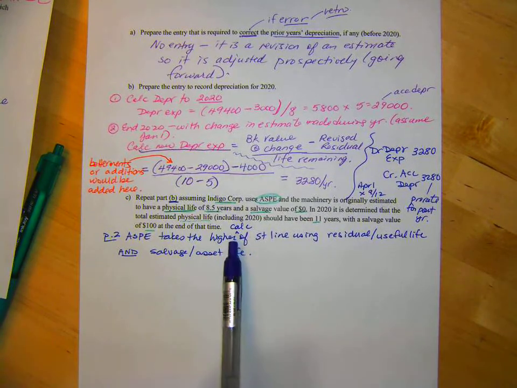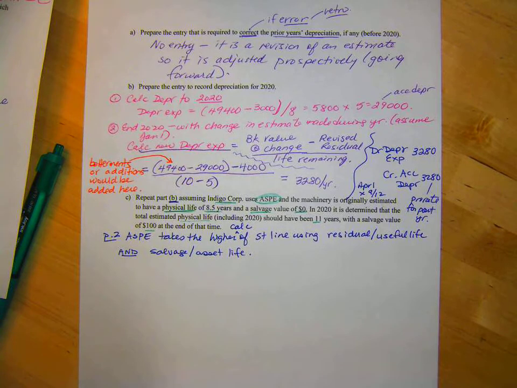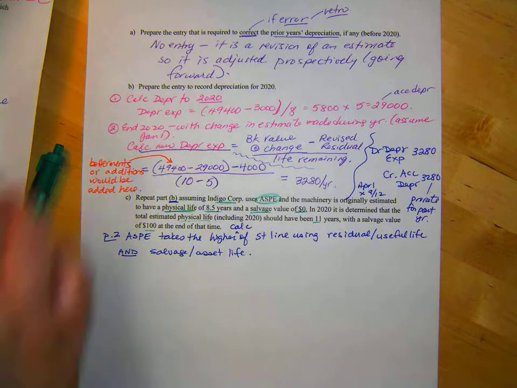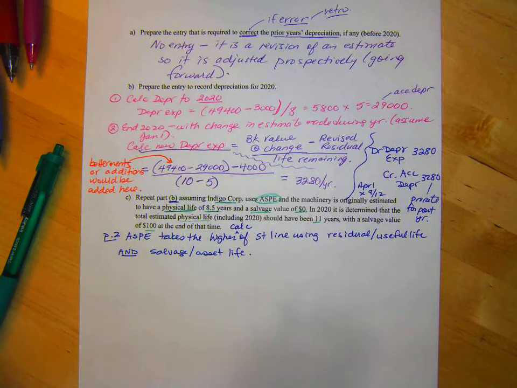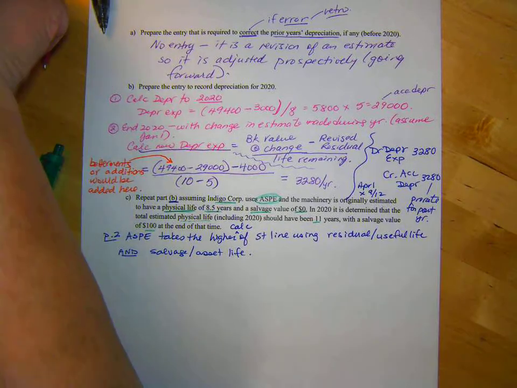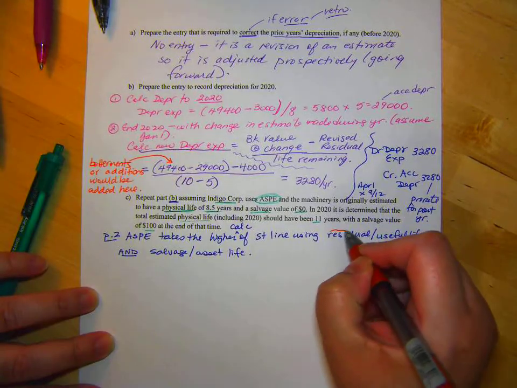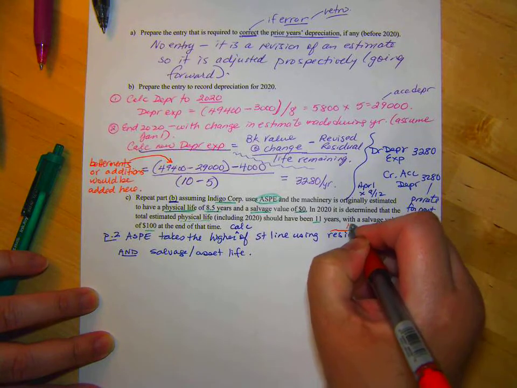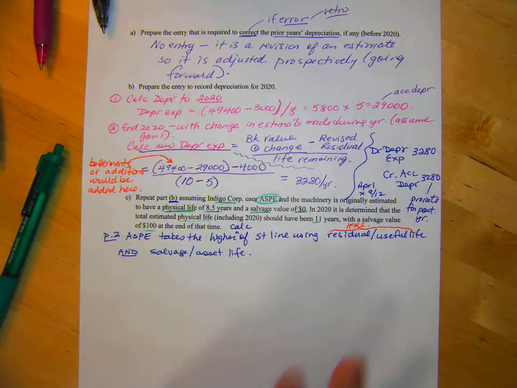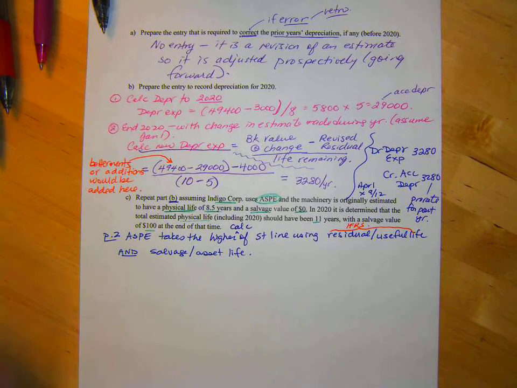Now, the nice thing for us is we've already calculated that first one. So we're good, right? This one is IFRS. Okay, let's go through and do this.